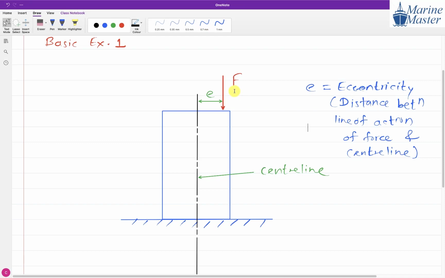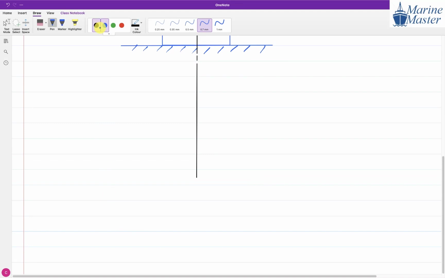Bending of the column. Everyone, try to listen to my words carefully. Due to eccentric load F, the following two things take place. These are just rough wordings, guys.